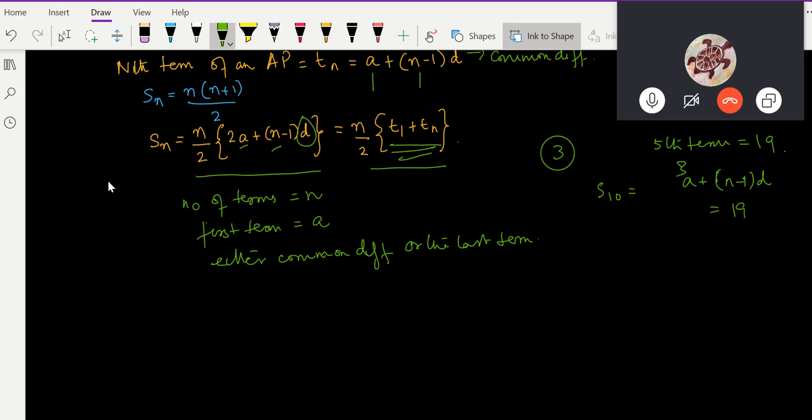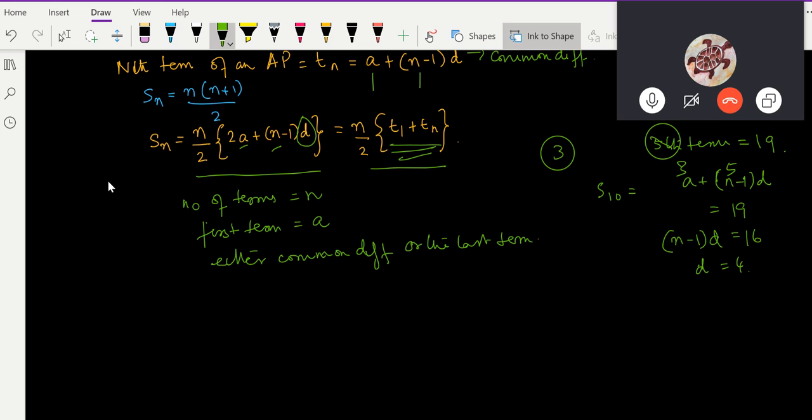So you can find out the value of n minus 1 into d is equal to 19 minus 3, which is 16. Oh, sorry, I told you the fifth term, so n is 5 here. In this case, you can find out d equal to 4.